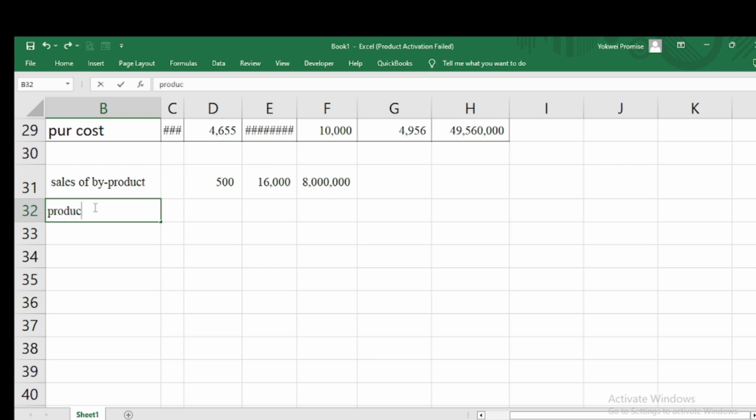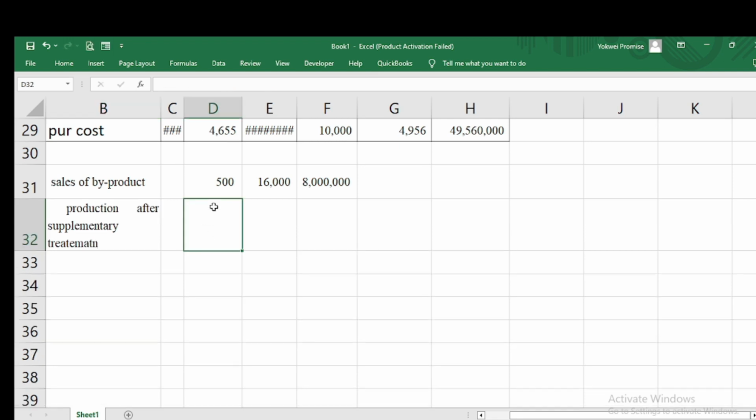The production cost after the supplementary treatment will be, we take our total sales of the byproduct, which is 8 million, and then we multiply it by the percentage to know the cost after.